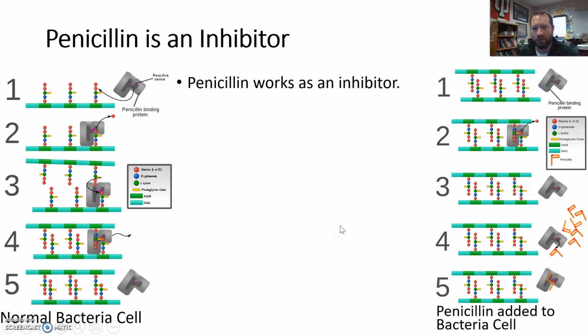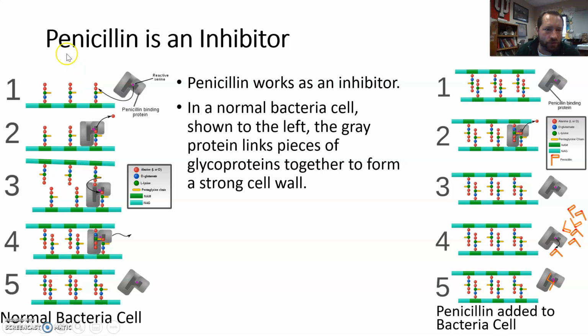Penicillin. We talked about this drug already, several times actually. Penicillin is an inhibitor. So first of all, on the left here, we see a normal bacteria cell, this gray protein. Its job, so here are pieces of the cell wall. The green and teal colors, those are glycogen.